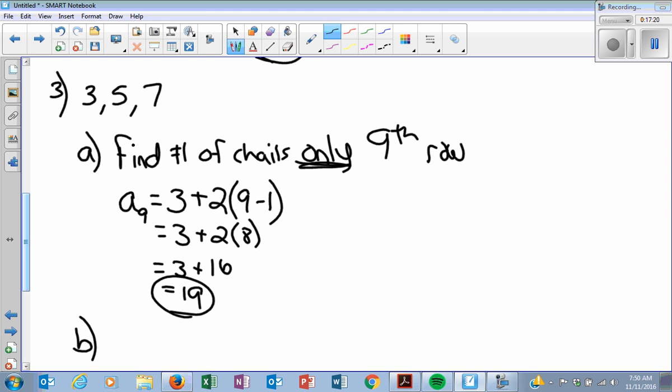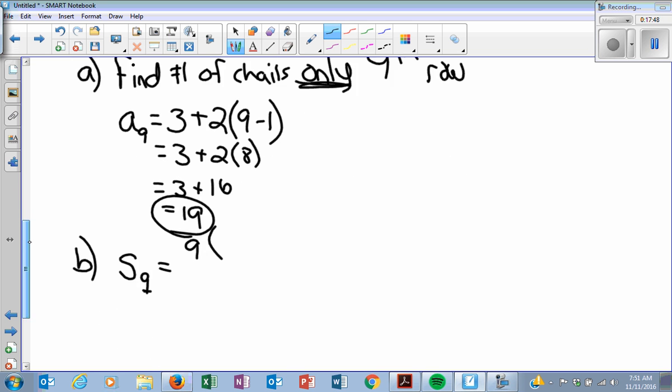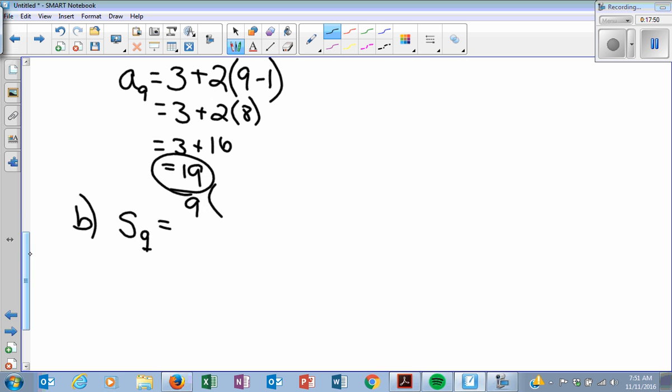Since we're doing 9 rows, what am I doing? I'm adding all these together. What does that become if you're adding all these sequences together? It becomes a series. And what am I calculating to? The 9th row. S9 equals. What is n in this case? 9. That's what this little thing right here is. Times Gauss's formula: the first term, which is 3, plus the last term.